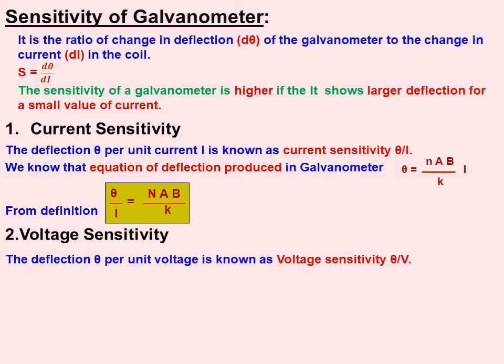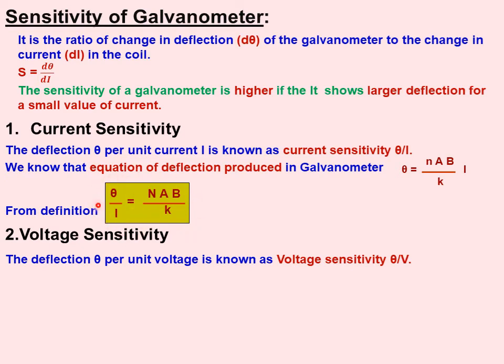So from this equation we can say current sensitivity depends only on four things. First, the number of turns in the galvanometer coil, second, the area of cross section of the coil, third, the magnetic field. Means if we increase the number of turns, area or magnetic field, the current sensitivity of the galvanometer will increase.